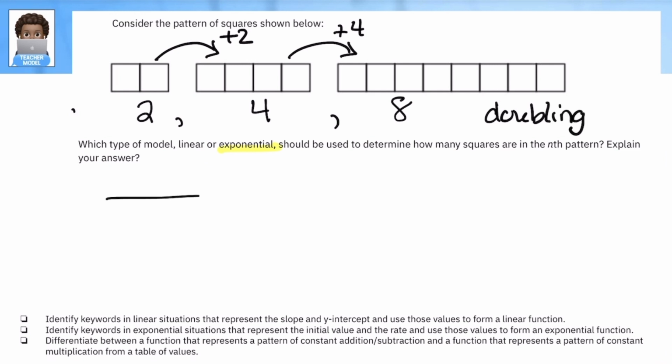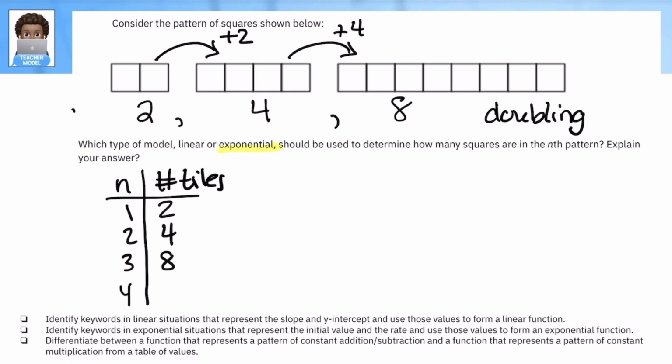So if you ever want to just see to the nth pattern, and this is the nth, and this is the number of tiles. So 1, 2, 3, 4. In the first one, I have 2, then I have 4, then I have 8. And if this is continuing doubling, next one is going to be 16. So how can I represent this rule? It is exponential. I can represent this as 2 to the x power.